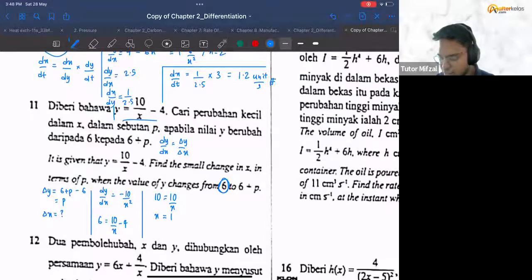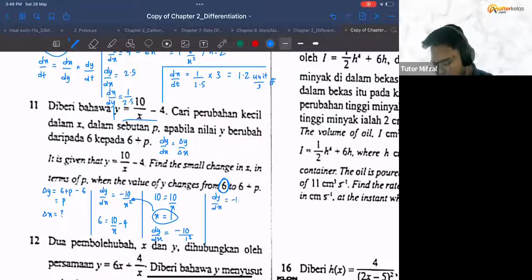And this old value of x, you put into this equation over here. So dy over dx is equivalent to negative 10 over 1 square, which gives dy over dx equivalent to negative 10. Now, the only thing left is to find the value of delta x.